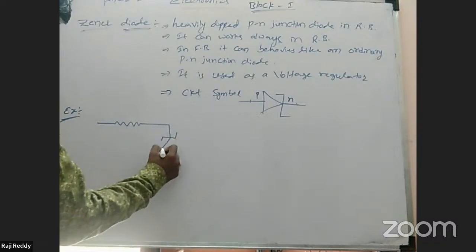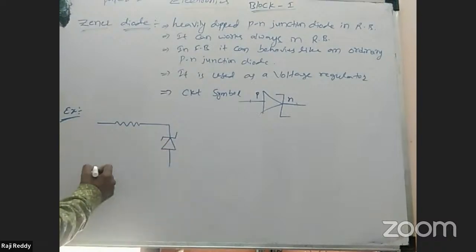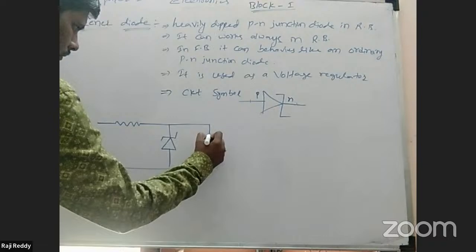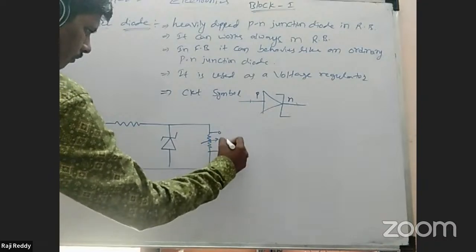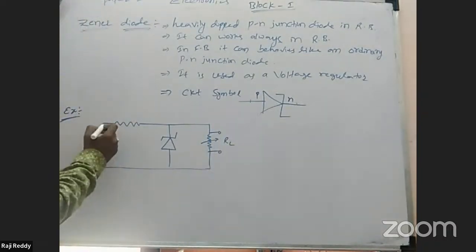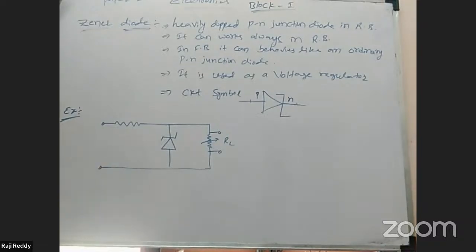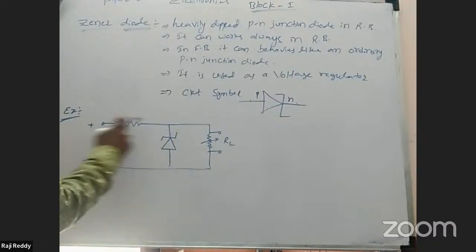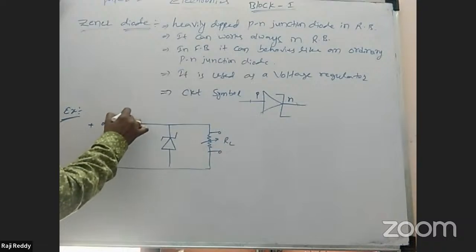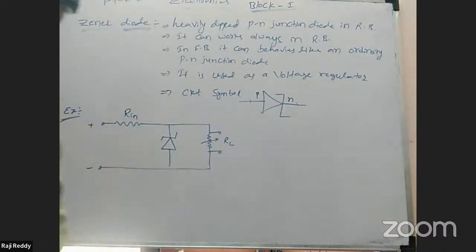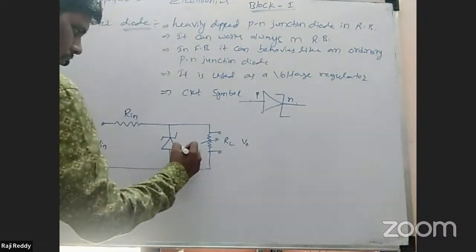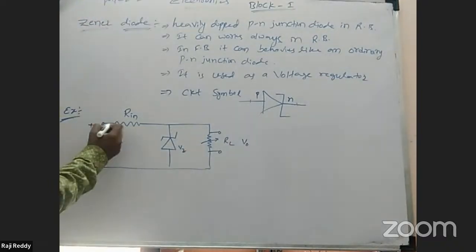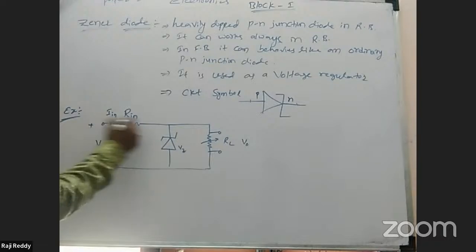The negative terminal is connected to the P region, the positive to the N region. This is the input current, and that is the load resistance. Here is V in, this is V out. This is the voltage across the Zener diode, VZ. Input current I in goes on.